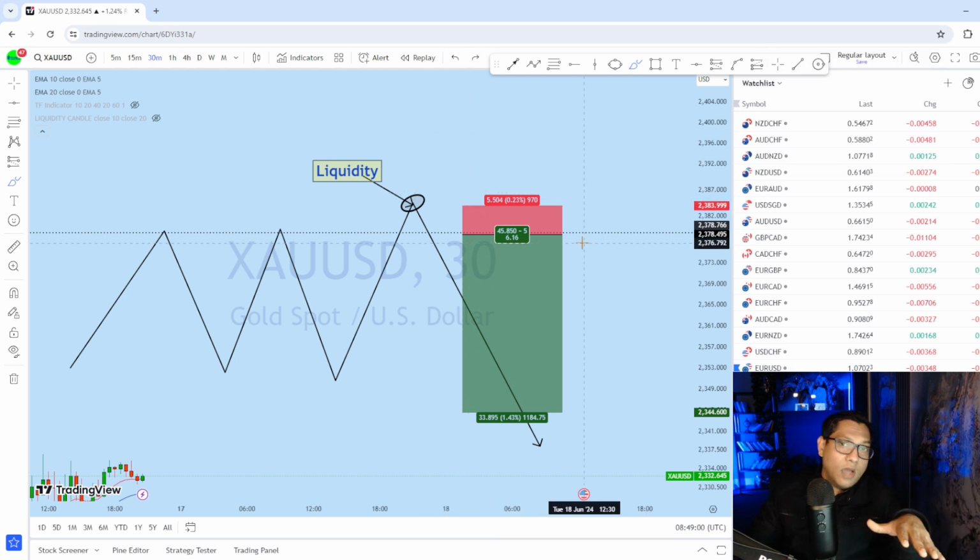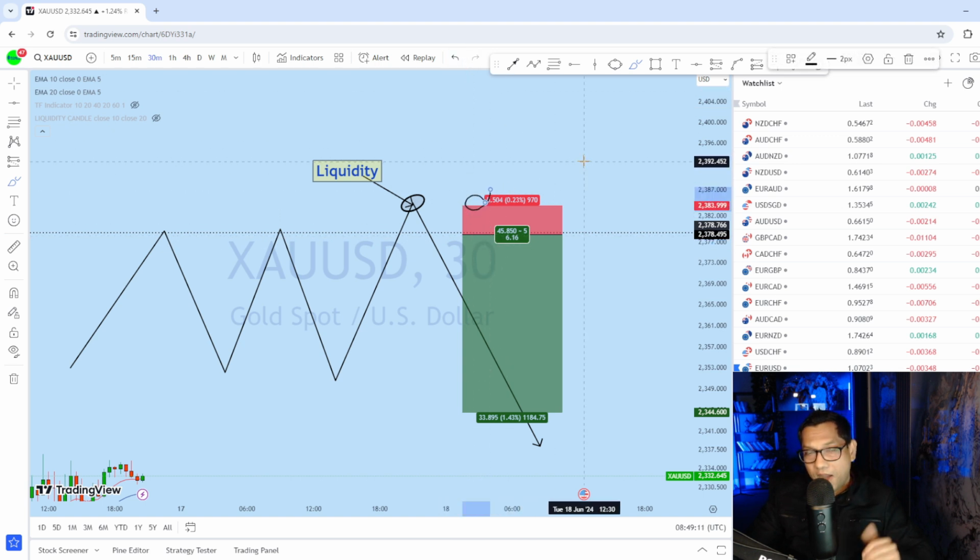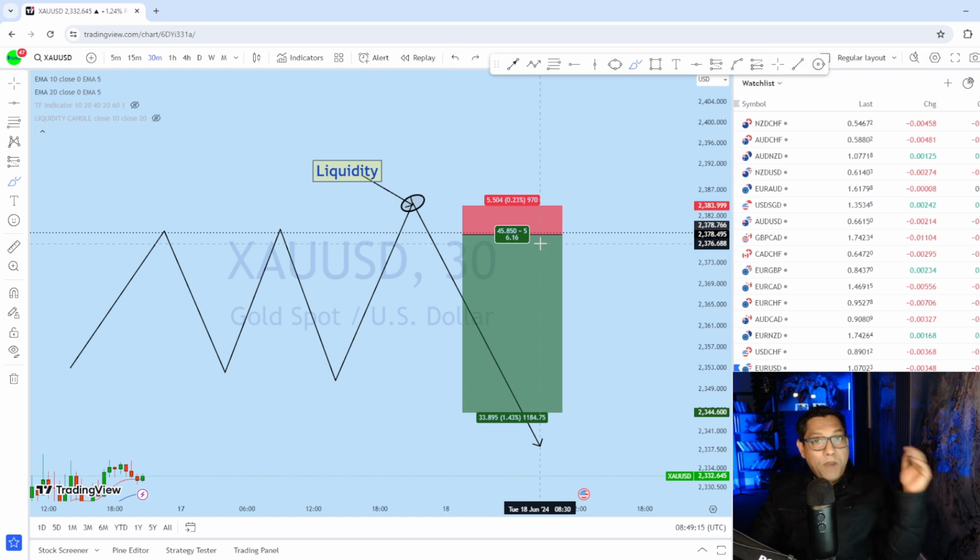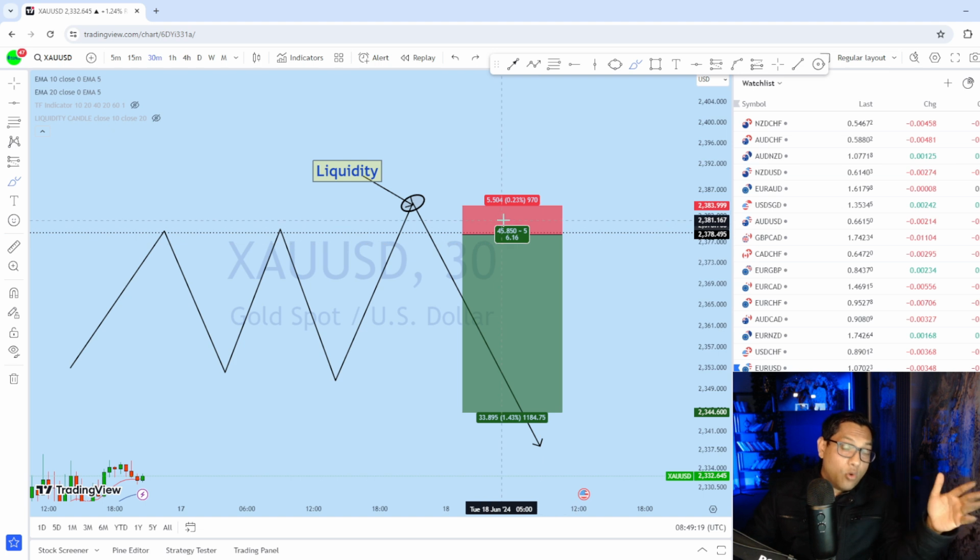As a trader, we think that I have sold, so I'm only a seller. But as a matter of fact, when you are a seller, your stop loss is a buy order. And as a result, when all the stop losses are hit, the big boys start to sell.